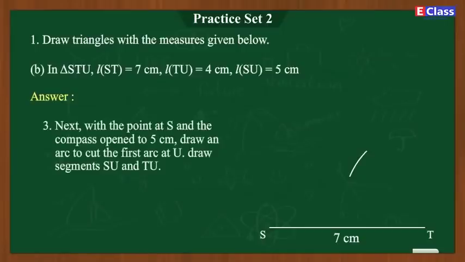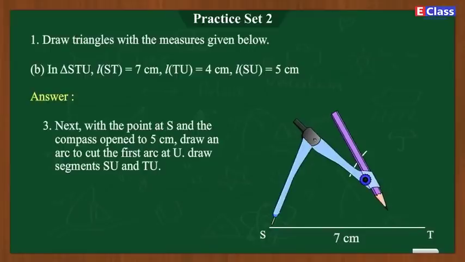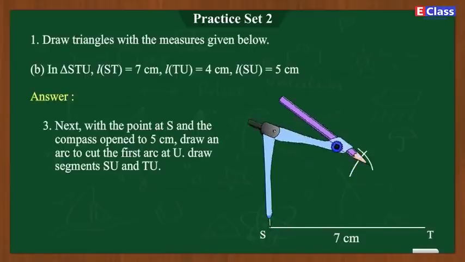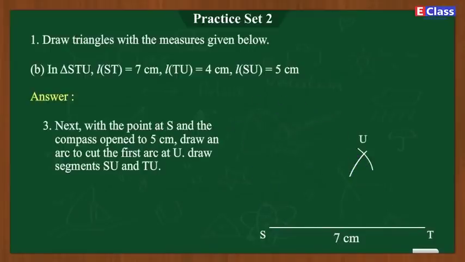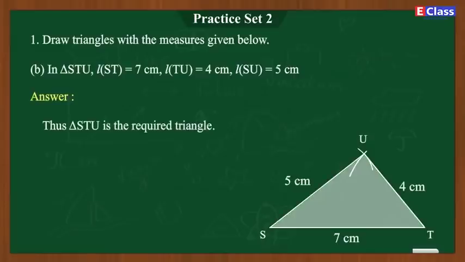Next, with the point at S and the compass opened to 5 centimeters, draw an arc to cut the first arc at U. Draw segments SU and TU. Thus, triangle STU is the required triangle.